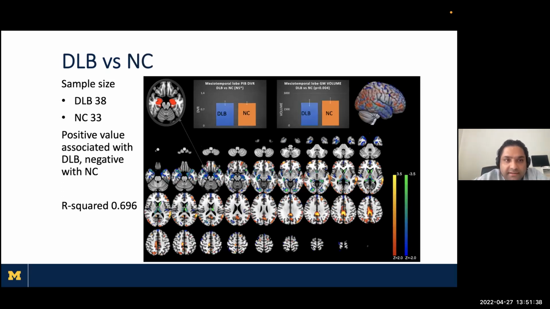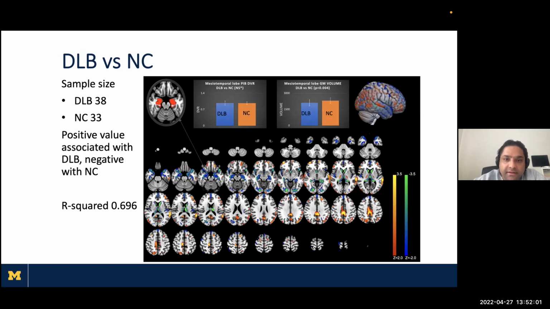Similarly, if we look at the DLB with the normal controls, we see bilateral angular, calcarine, and similarly frontal lobe for DLB, and supplementary motor area and mid superior occipital lobe, where we see the presence of amyloid when we compare to normal controls. And it's the same in this one too.